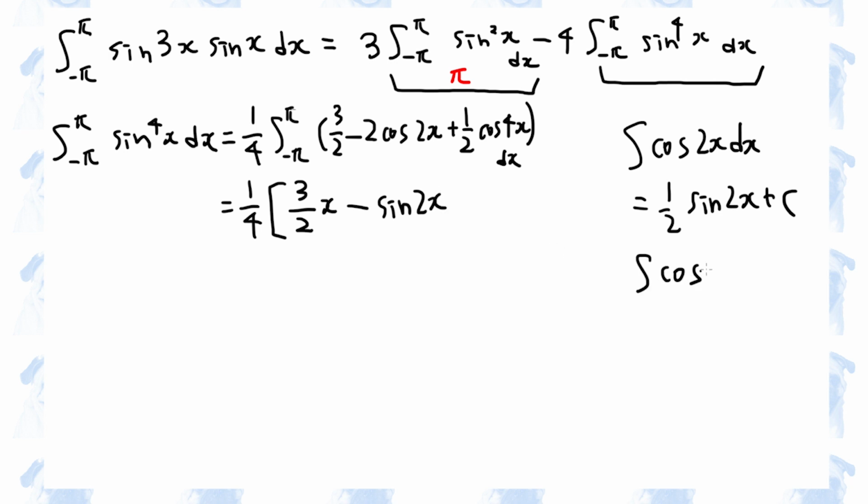What is the integral of cosine 4x? This is 1/4 times sine 4x. 1/2 times 1/4 is 1/8.